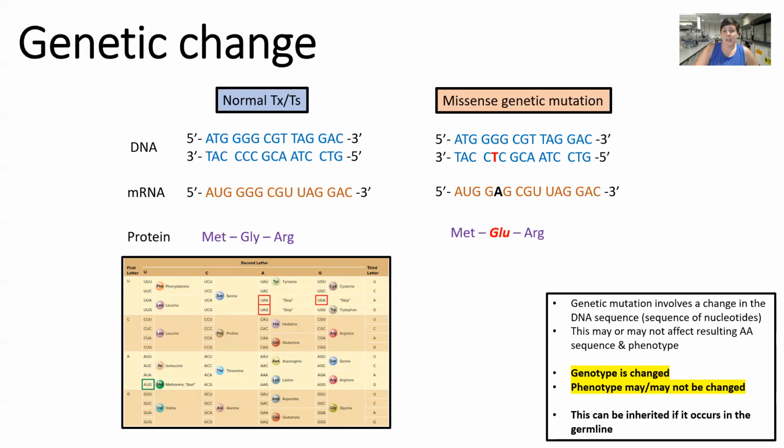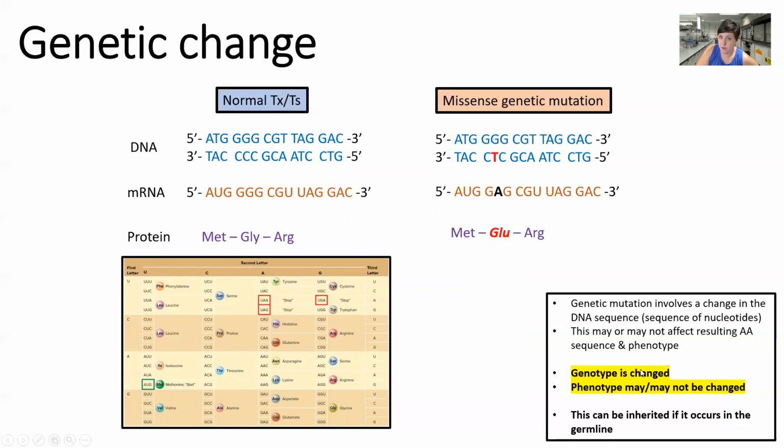When we have a genetic change, which we talked about last week, I'm just going to use the example of a missense genetic mutation, which means, remember, missense means mistake. In this case, you can see we would have a genetic mutation that changed this C into a T. That is a change in the genotype.